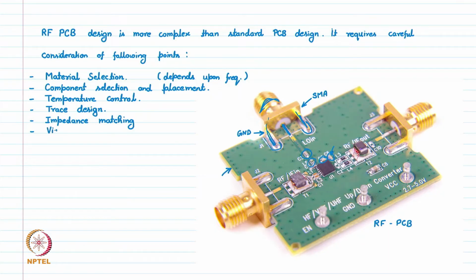Via size. Loss tangent. Loss tangent is how much loss will occur in the substrate for that particular frequency, that is characterized by loss tangent, that should be minimum. And grounding technique, which is very important for RF PCB design.